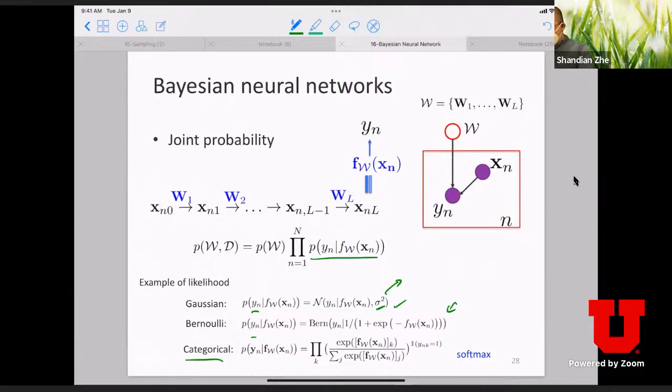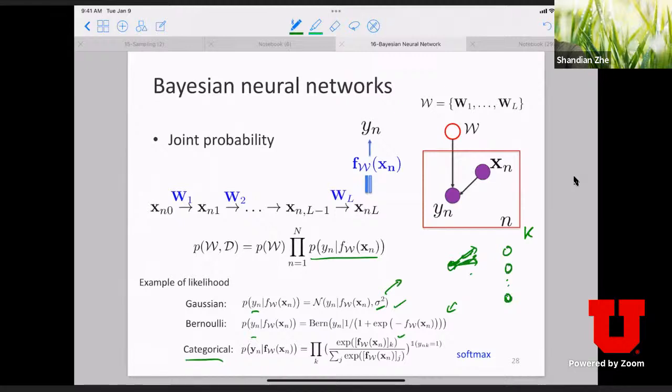And to parameterize the parameter of the categorical distribution, you really take exponential of your output. So basically, if you have a categorical output, your output will be a vector rather than a scalar. So suppose you have k outputs, then you have k categories.